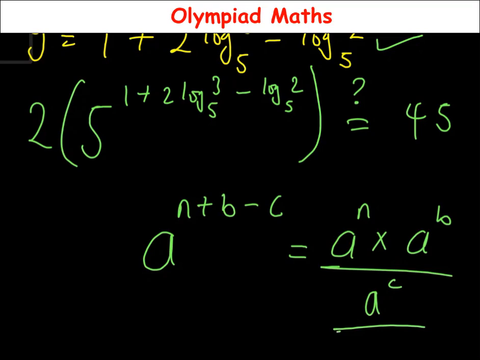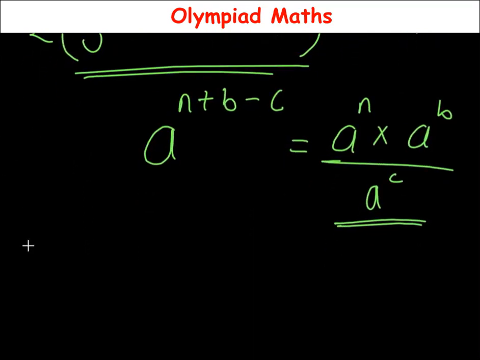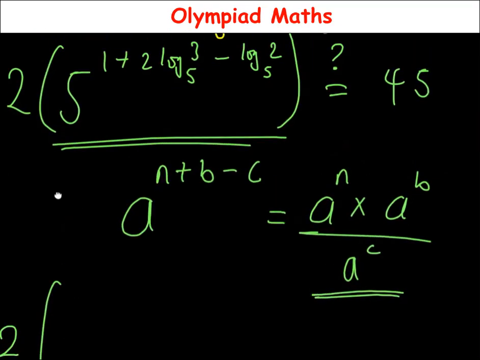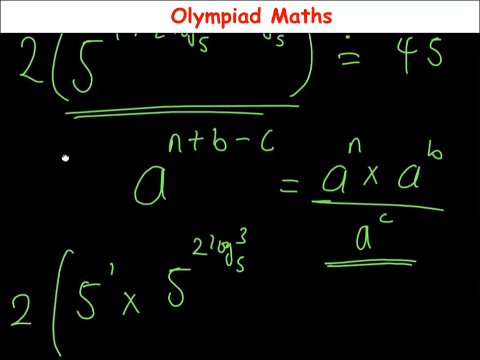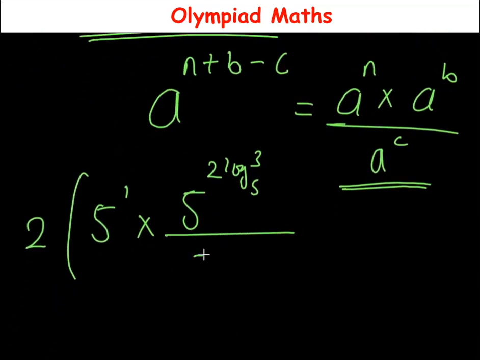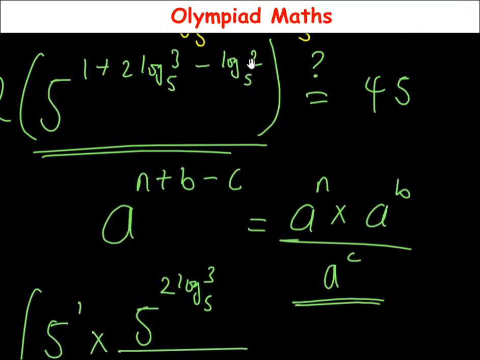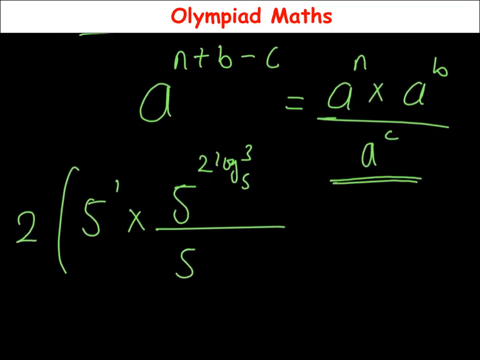So applying this rule, we're going to have 2 into brackets 5 power of 1, then times 5 power of 2 log 3 base 5, all over, since the minus signifies the division sign, 5 raised to power log 2 base 5.